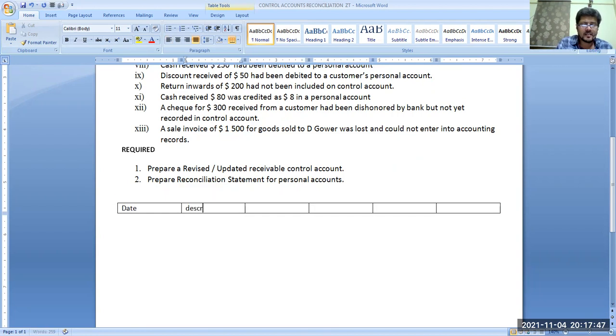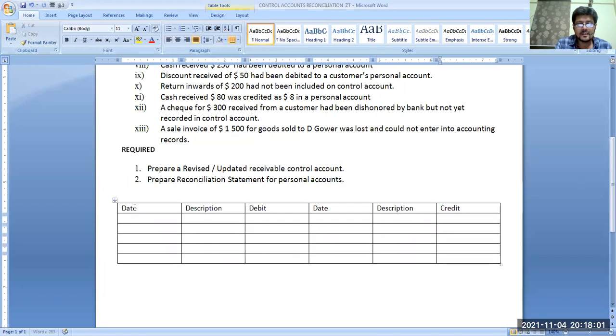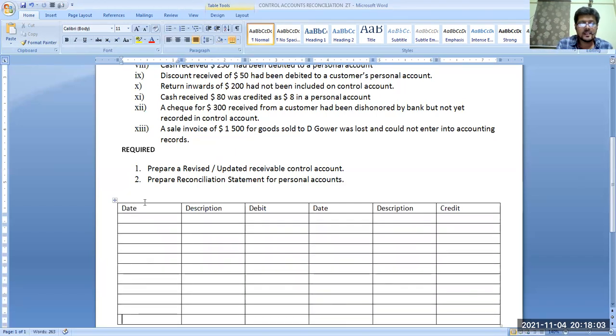Description, debit. Now this is our control account.